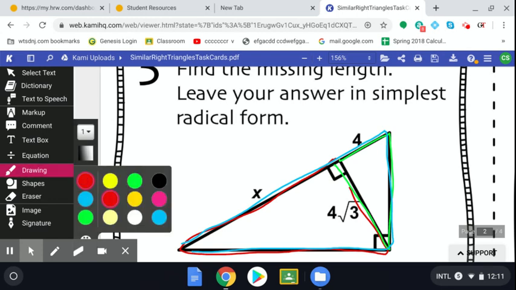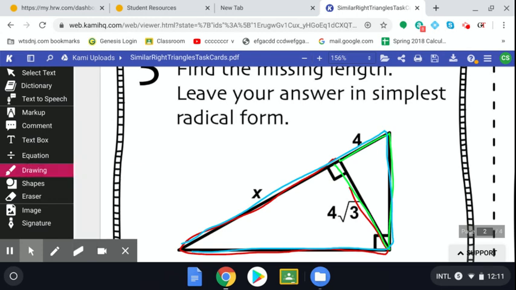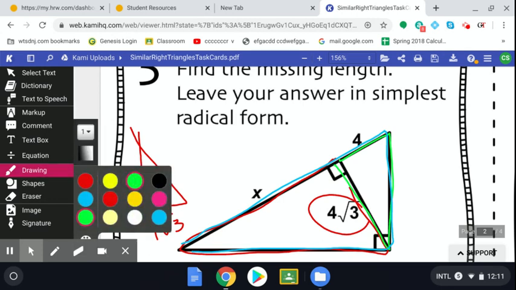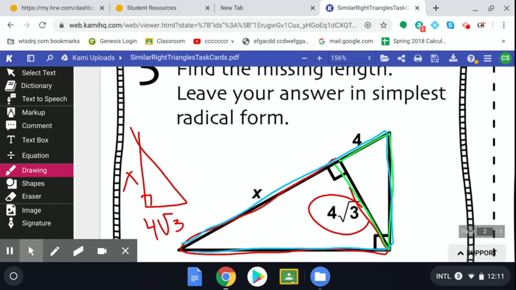So the red one would be shorter leg is 4 square root of 3. Longer leg is x. And the green one would be shorter leg is 4. Longer leg is 4 square root of 3.